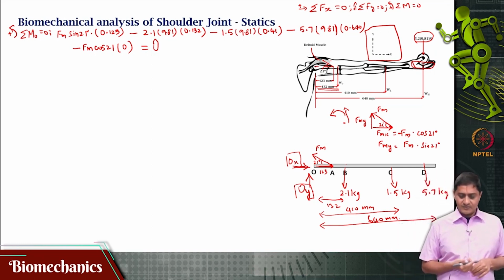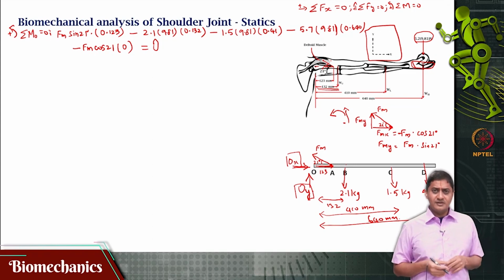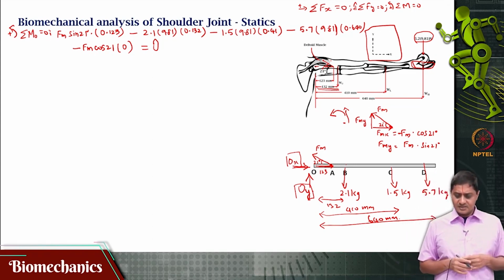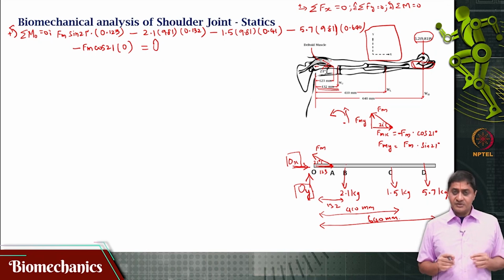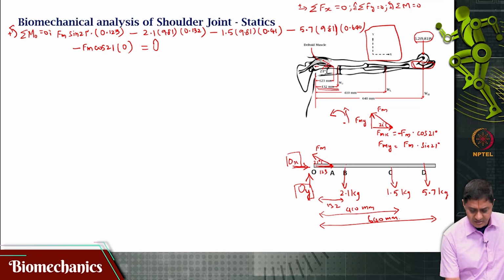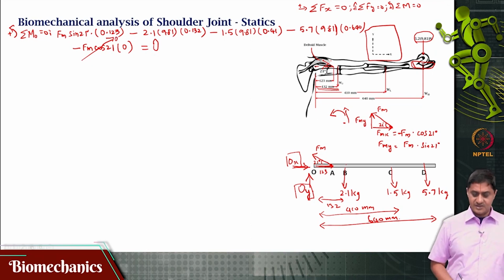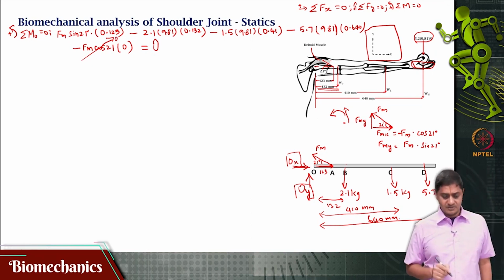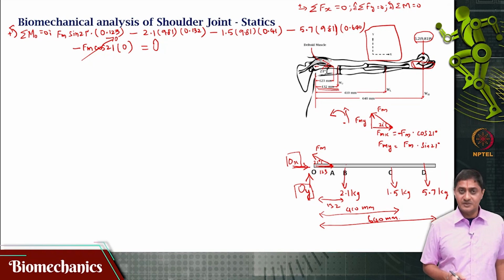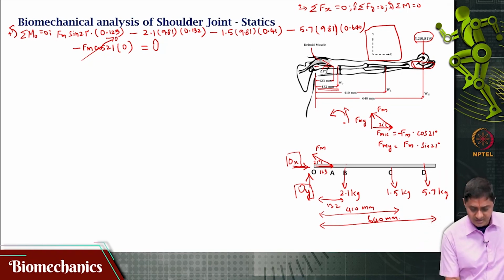Okay, I am not doing the numerical. I request you to try and solve for Fm. This is a single equation in one variable. You will only have to simplify this equation, and when you simplify it, you will find there is no Fm cos 21 term. That whole thing is 0, the Fm cos 21 times 0 term is 0, right?